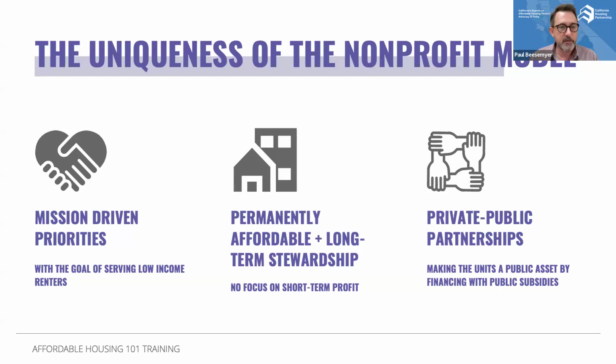There are plenty of for-profit affordable housing developers out there, and I'm not besmirching anybody's great work in producing and preserving affordable housing. But I am getting on my soapbox a little bit about the uniqueness of the nonprofit affordable housing development model, where number one, you have mission-driven priorities that are ingrained in the DNA of the builder and operator, where that organization exists solely to produce affordable housing for low-income people.